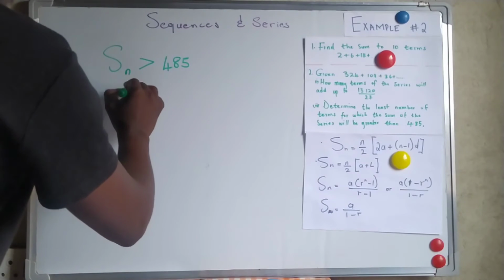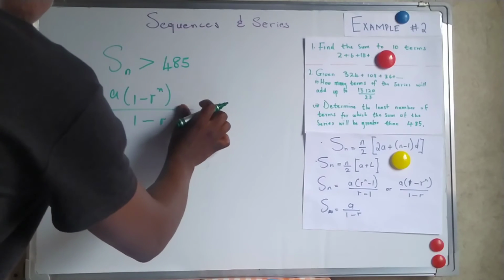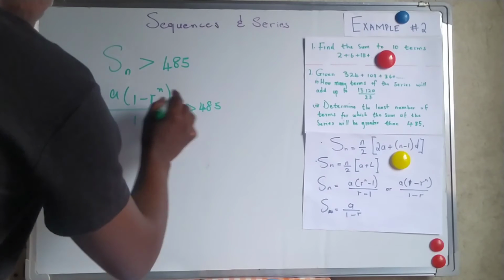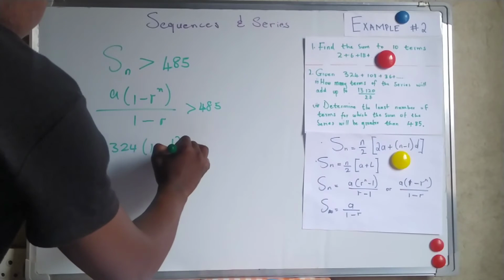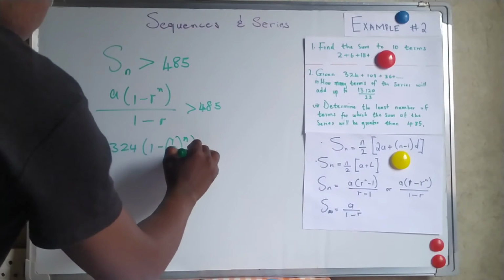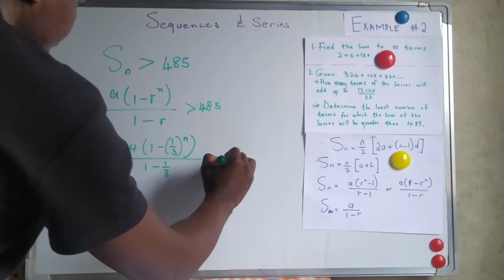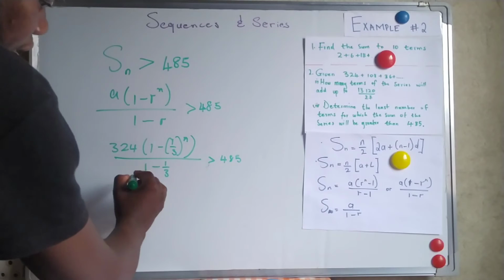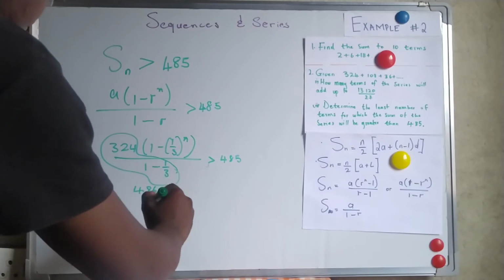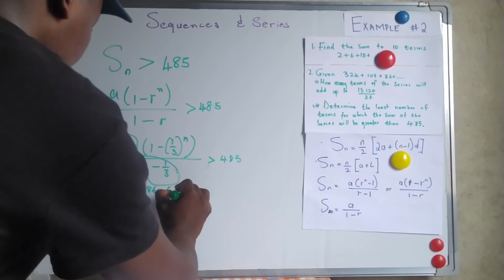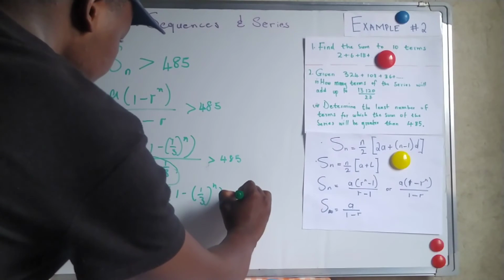So we have a times 1 minus r to the n over 1 minus r is greater than 485. Our a is 324. 1 minus 1 over 3 to the exponent n over 1 minus 1 over 3 greater than 485. This still gives us 486 times 1 minus 1 over 3 to the exponent n greater than 485.